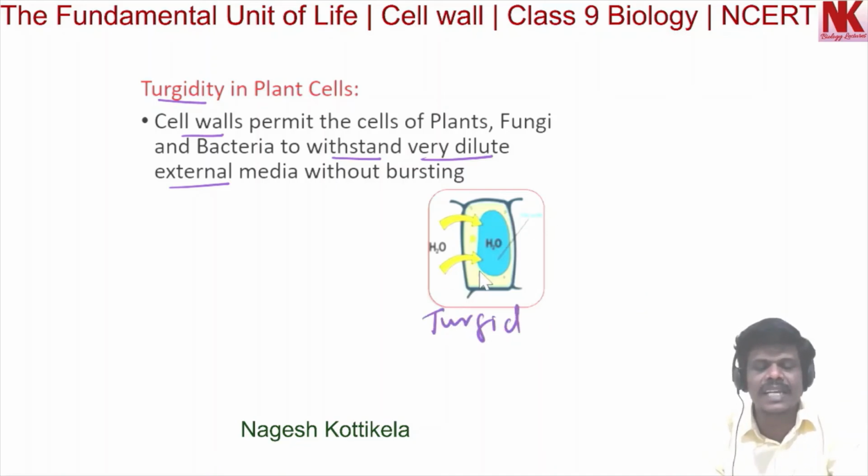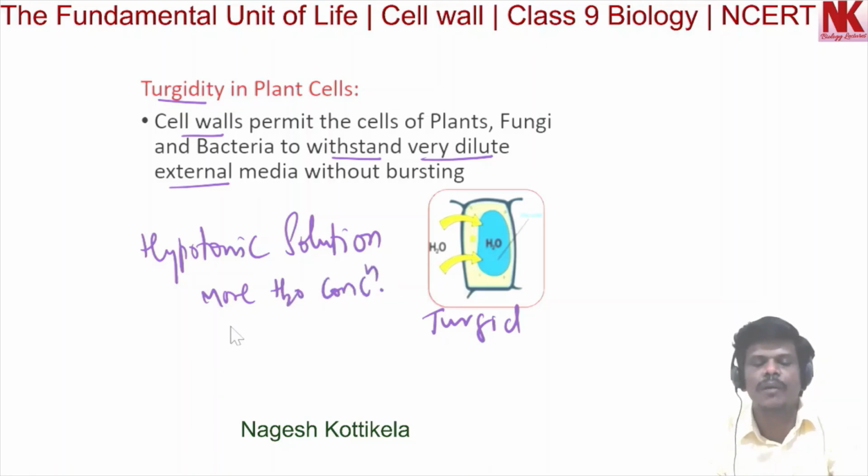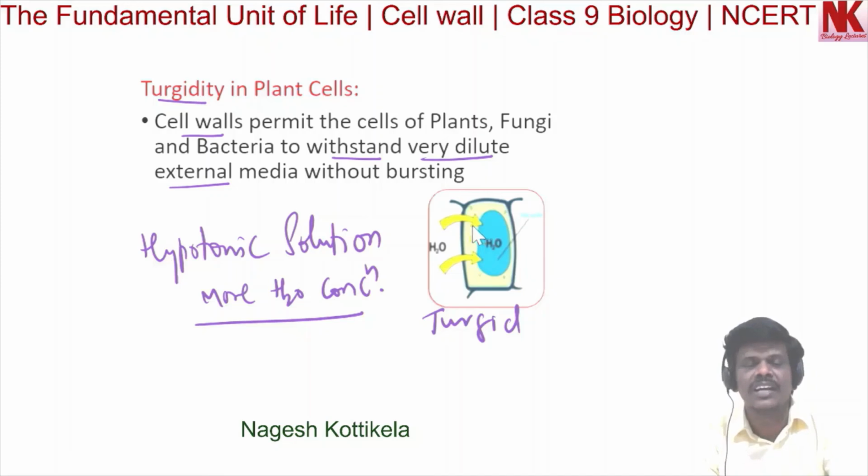When plant cells are kept in hypotonic solution, hypotonic solution has more water concentration when compared with cell cytoplasm. So because of that, more and more water molecules enter into the cell than the number of water molecules that leave the cell.